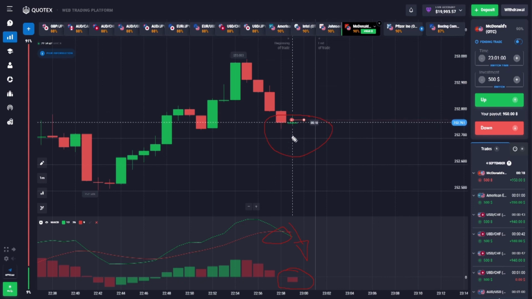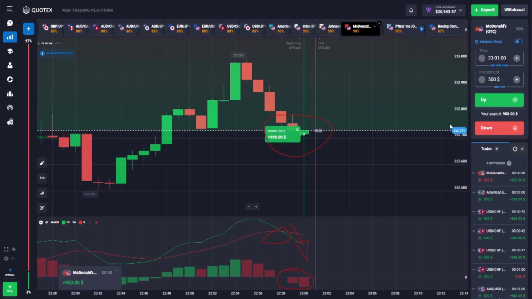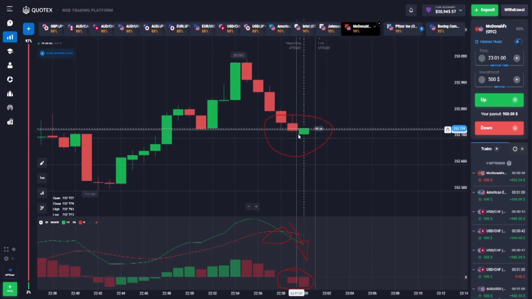I'm sure this candle will also be red. Okay, my prediction is correct and I profit again.